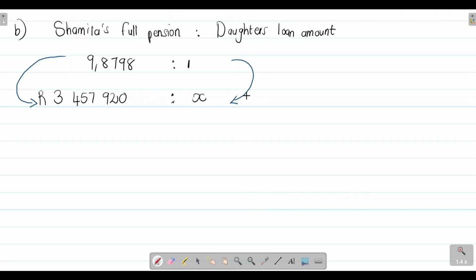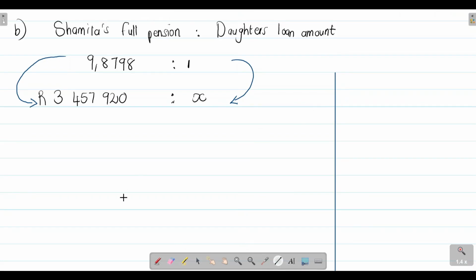Okay, so what we can do here is we're going to simply take that 3,457,920 and divide that by 9.8798. And if you divide that by that, so this is just additional work on the side. I'm going to do it in red.